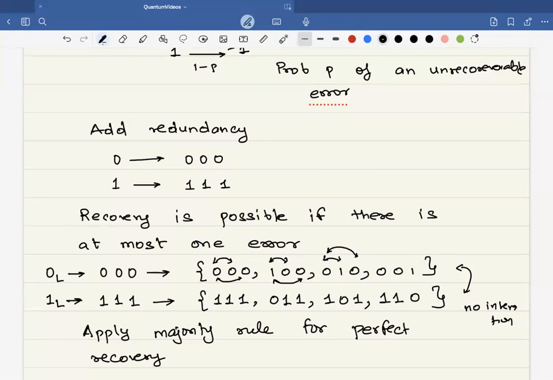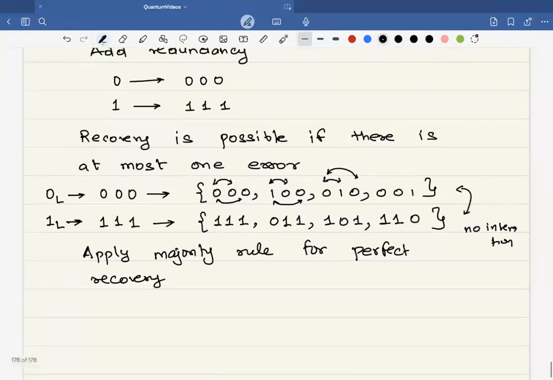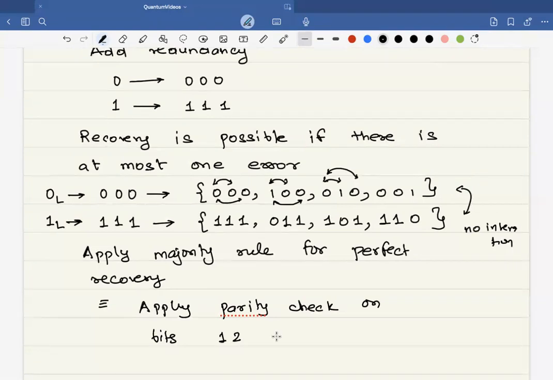So we apply the parity check on bits 1 and 2 and 1 and 3.